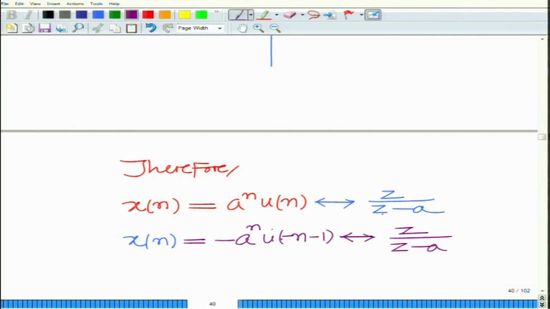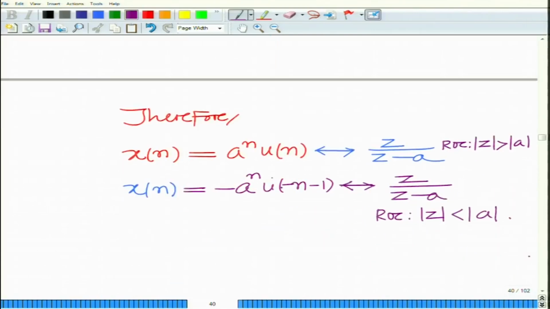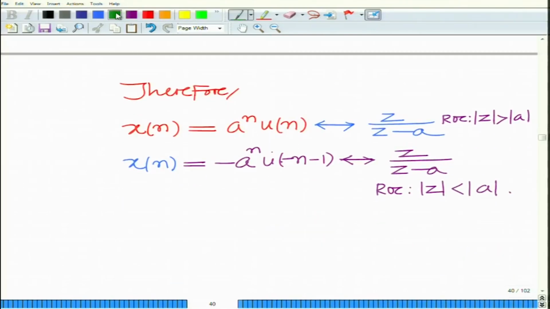But the ROC of the first one is magnitude of z greater than magnitude of a, and the ROC of the second one is magnitude of z less than the magnitude of a. So, same z transform expression, different signals, but different ROCs.